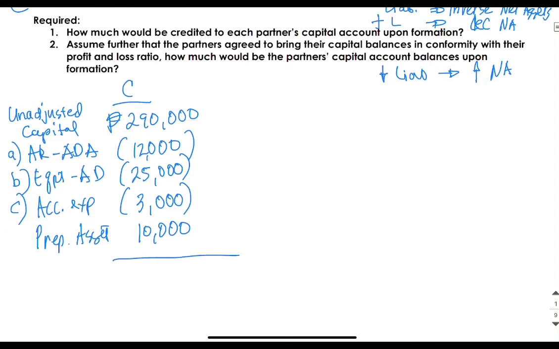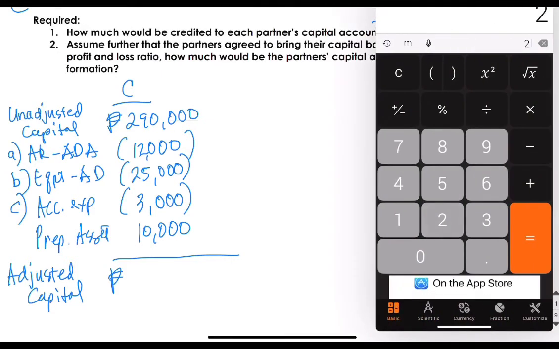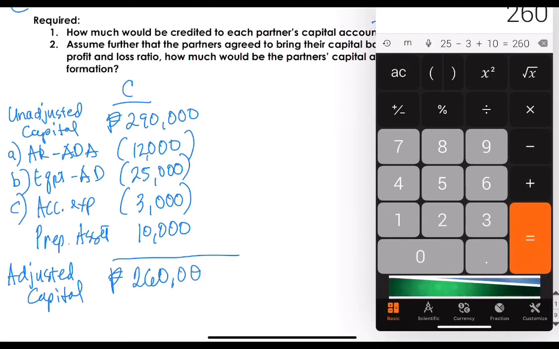Okay, so this is your adjusted capital contribution. The adjusted capital contribution would be 290,000 minus 12 minus 25 minus 3 plus 10,000. That will give us 260,000.